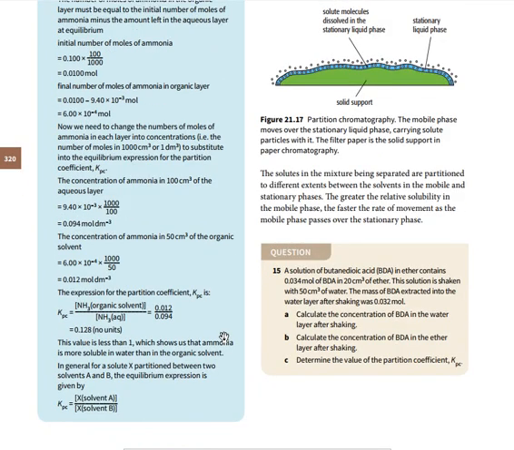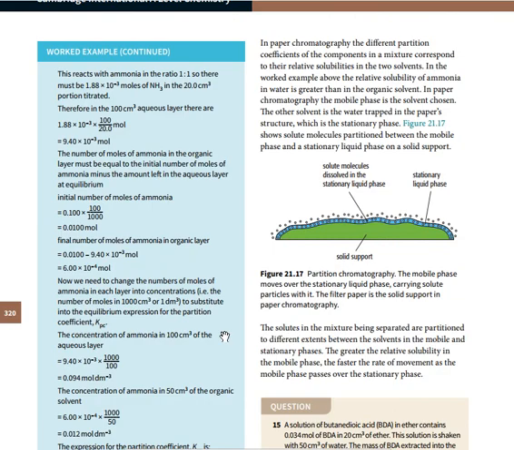So from here we have seen everything involved with partition coefficient. The last part is paper chromatography for partition coefficient. You need to know that in paper chromatography, you use a chromatographic paper, and that is going to separate different mixtures because of partition coefficient.